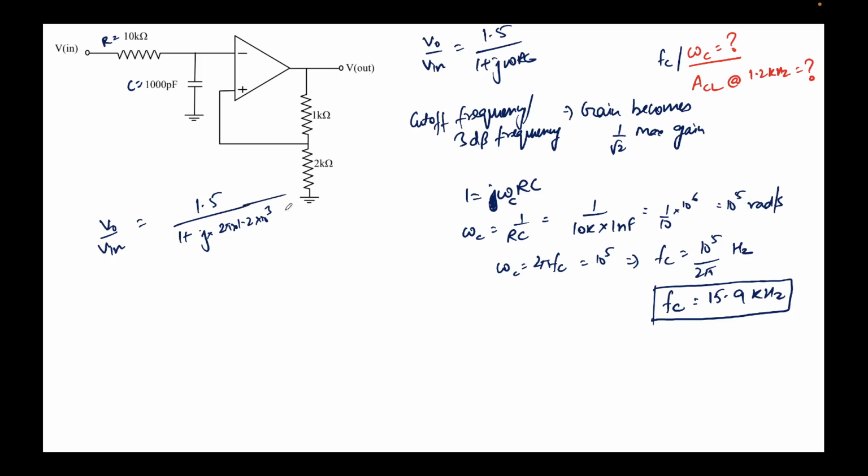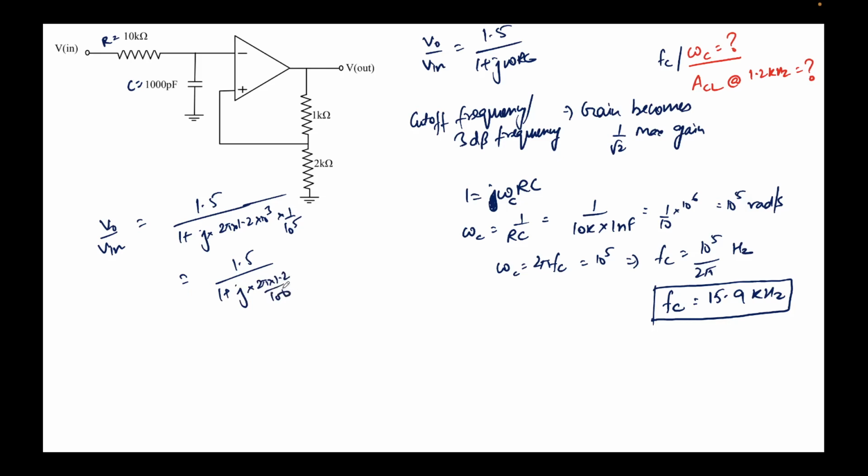And the value of RC we had determined was 1 by 10 to the power 5. So that's 1.5 over (1 plus j times 2 pi times 1.2 over 100).